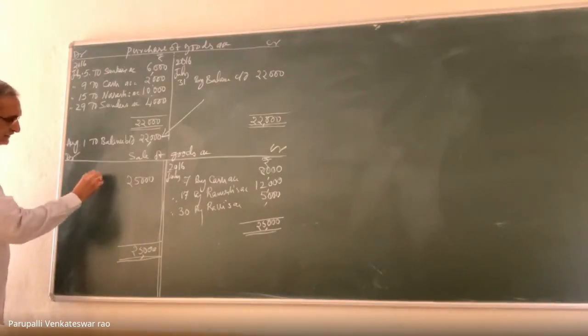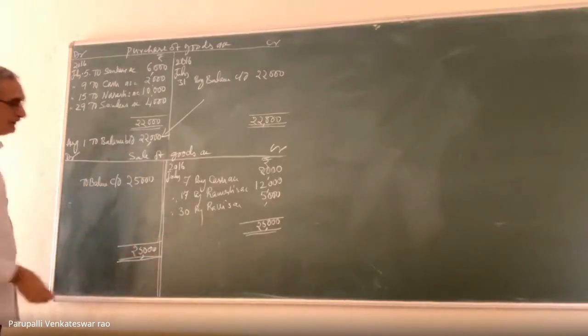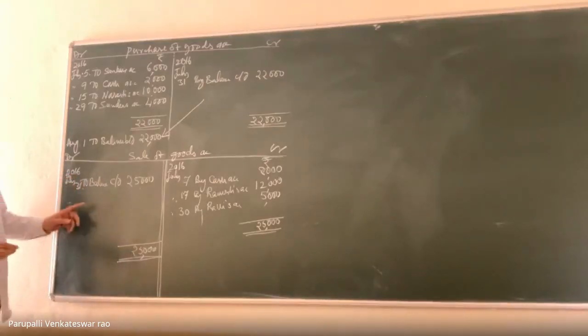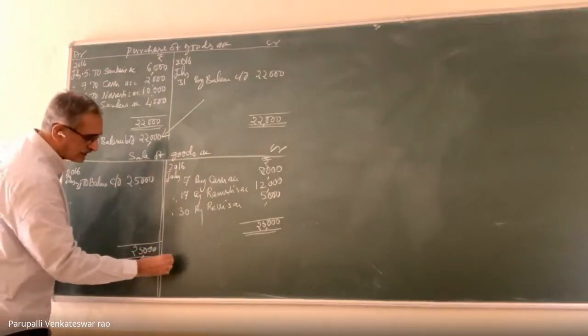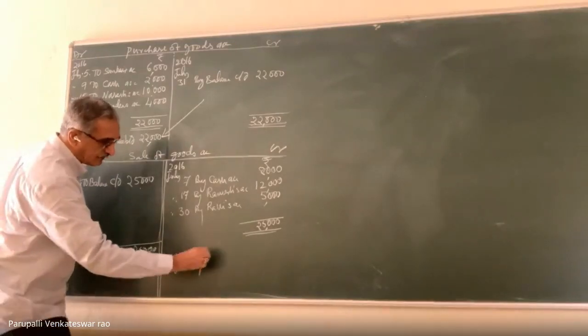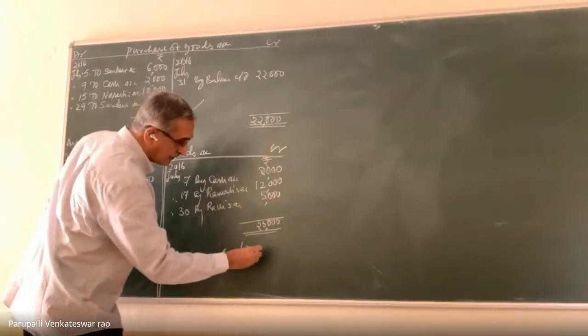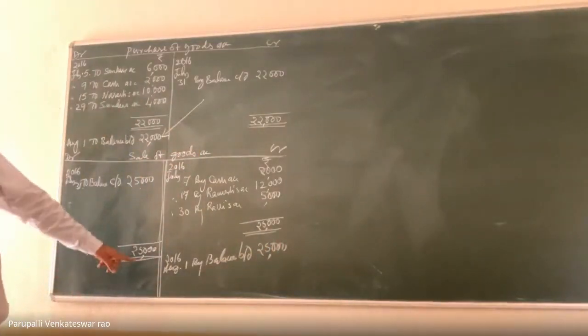To balance carried down to the next month. 2016 July 31st, last day of the month, carried to the next month. 2016 August 1st, by balance brought down, 25,000.